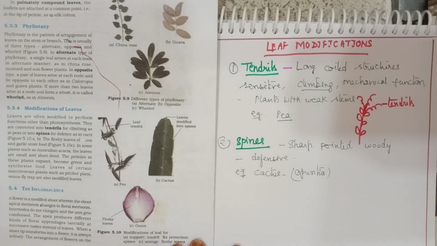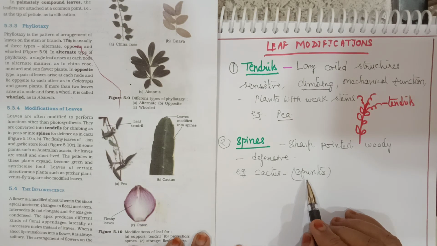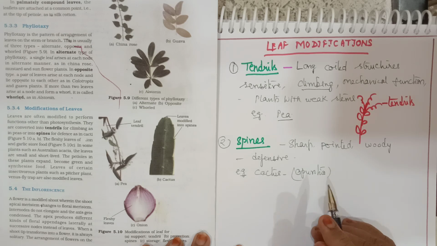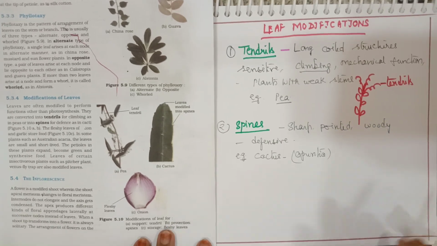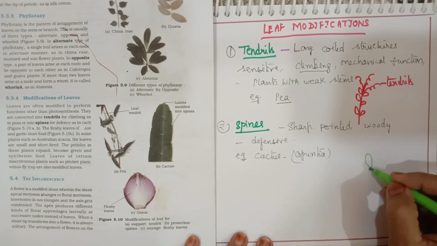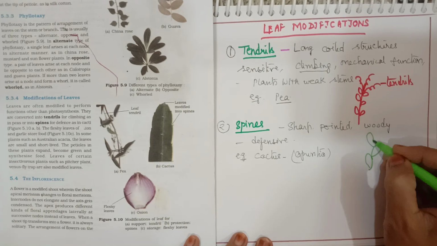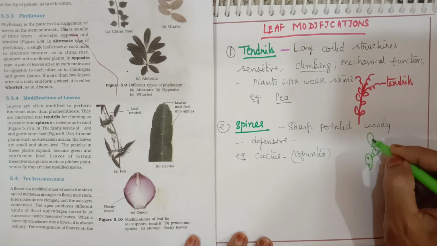We all know in Opuntia, stem modification is also found. The stem modification is called a phylloclade. This plant is a xerophytic plant. Here the leaves are completely reduced to spines. All of you must have seen the cactus. This is how we find it, and all the leaves are found in clusters.